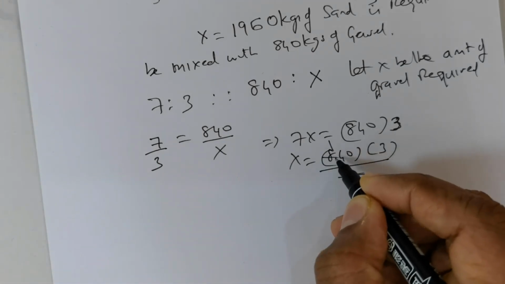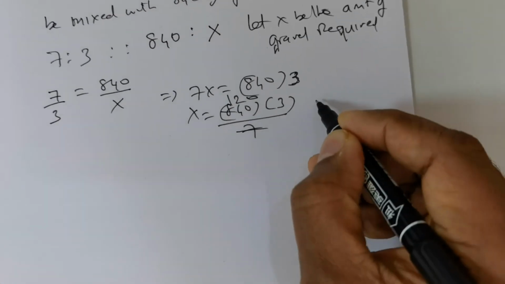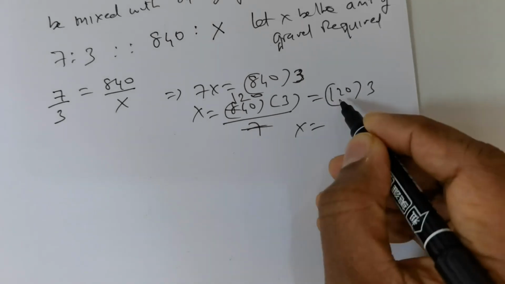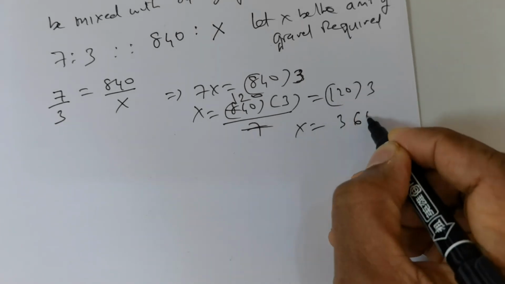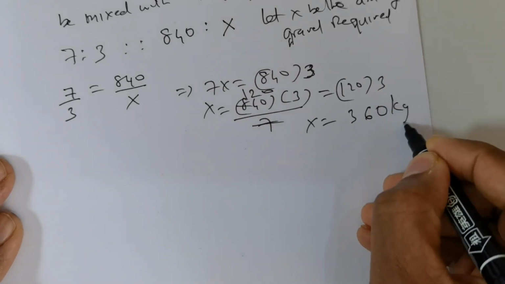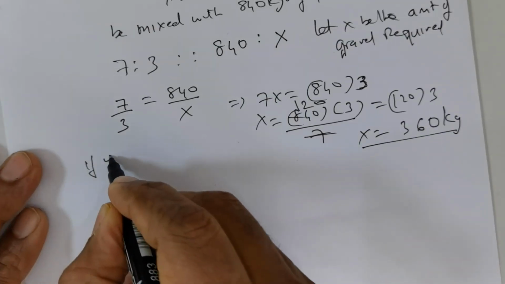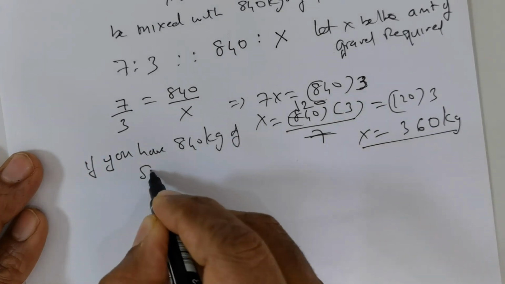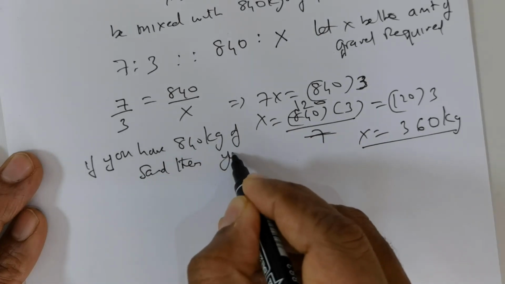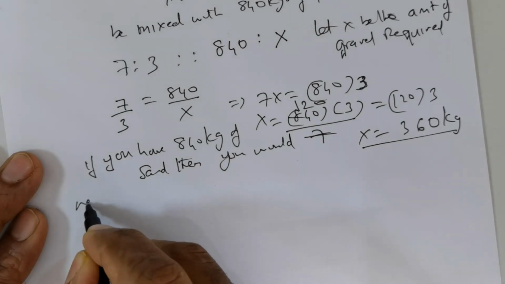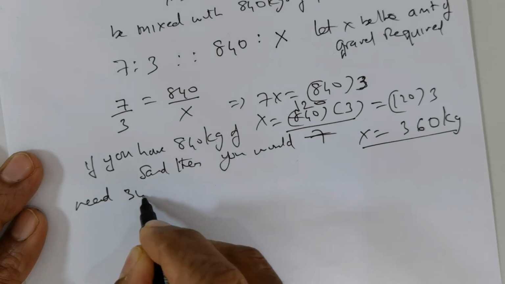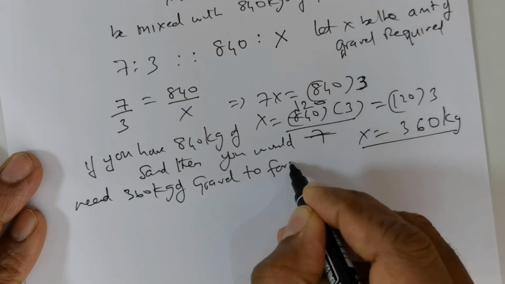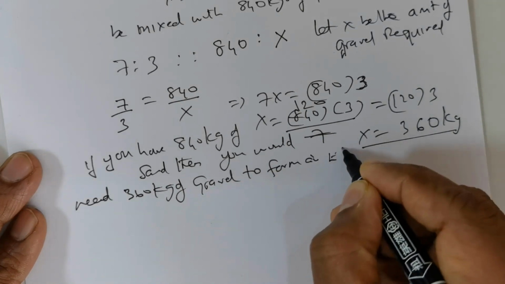7 divides here 1. We carry 1. 7 2s are 14 and 0. So you get 120 multiplied by 3. So you multiply that. 3 times 2 is 6. 3 1s are 3 and 0. So if you have 840 kg of sand, then you would need 360 kg of gravel to form an effective concrete.